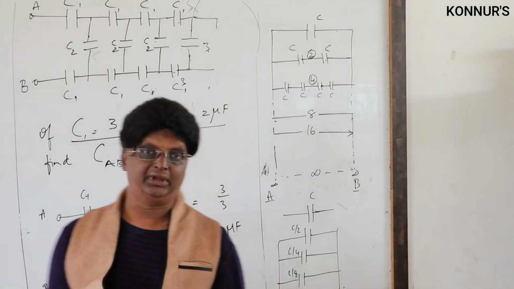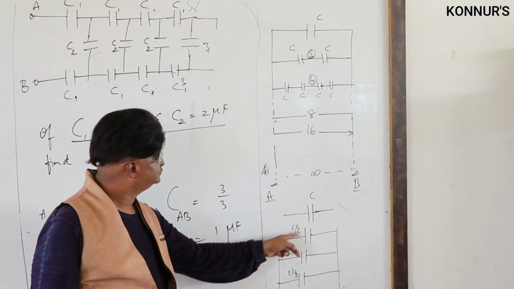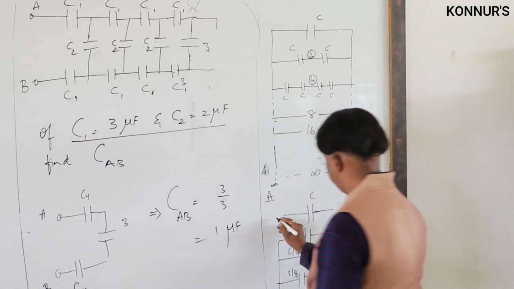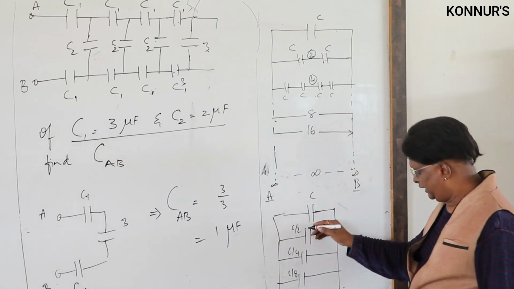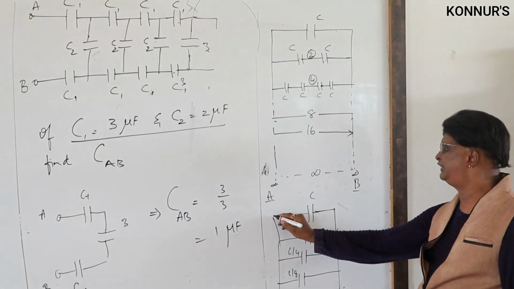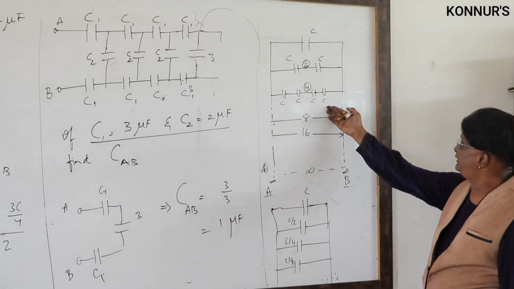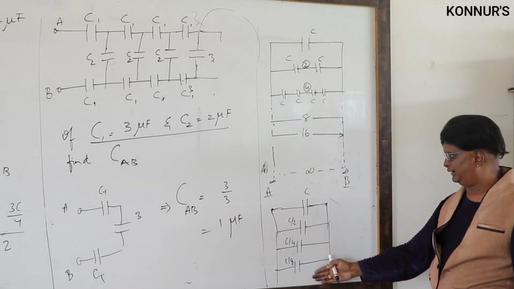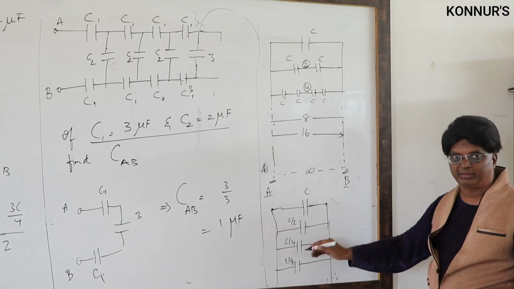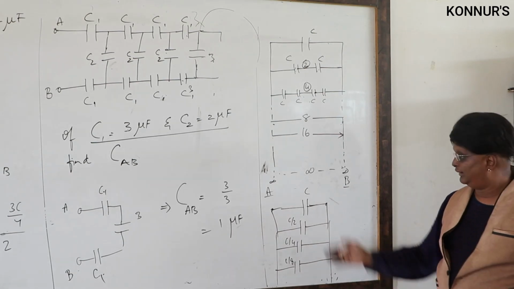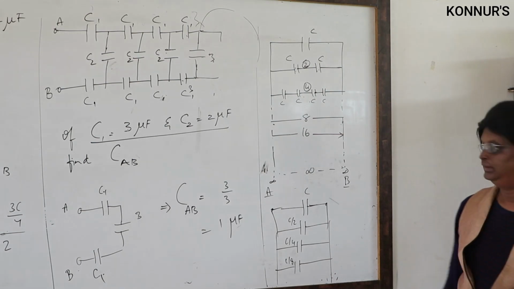But what you find is that again all these, first one is C, C by 2, C by 4, C by 8, all of them have common potential points. So this is an infinite ladder with C, C by 2, C by 4, C by 8 and so on in parallel.